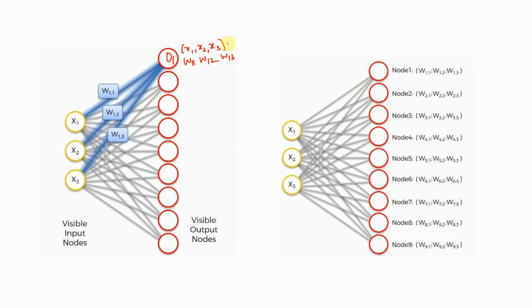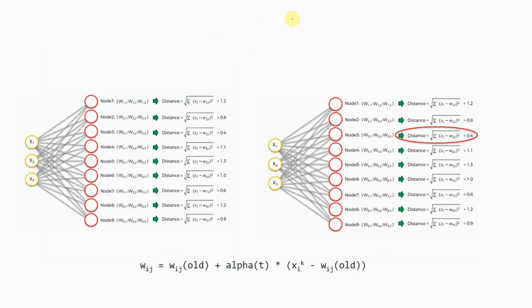The next step is calculating the distance between the input features and the weights connected with the particular node using the Euclidean distance.